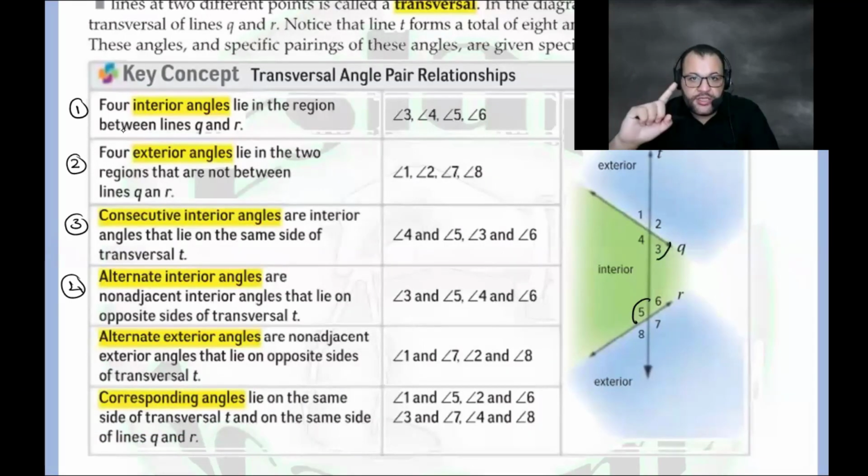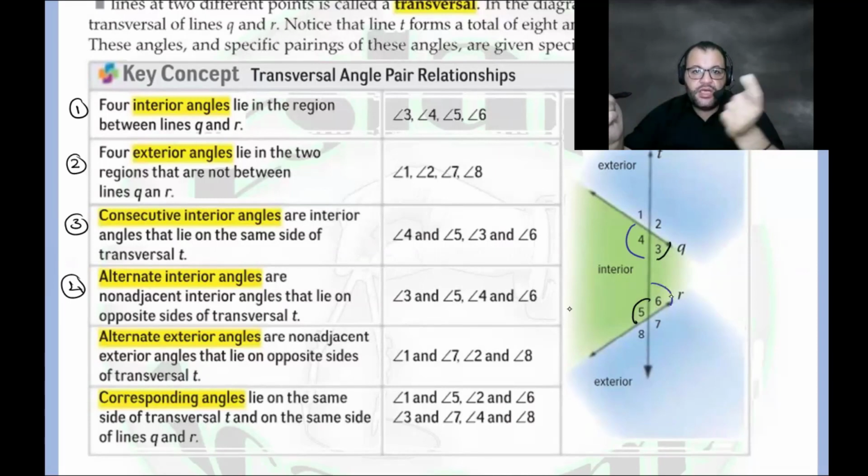They are not adjacent, not beside each other, and both of them are interior. Like angle 4 and angle 6: angle 4 at the left, angle 6 at the right. They are on different sides of the transversal, they are not adjacent, and both are interior. Do you know the meaning of alternate interior now?